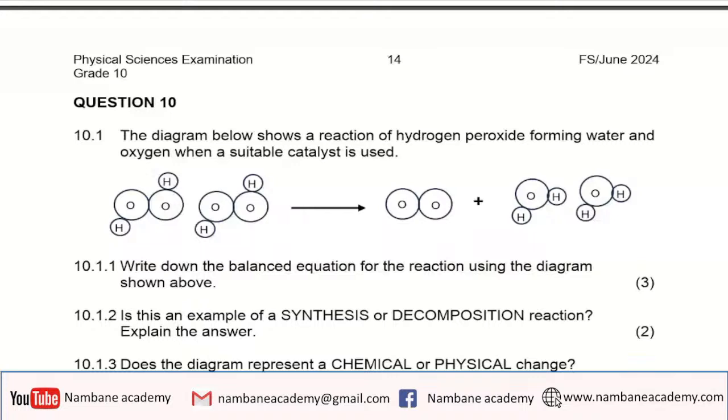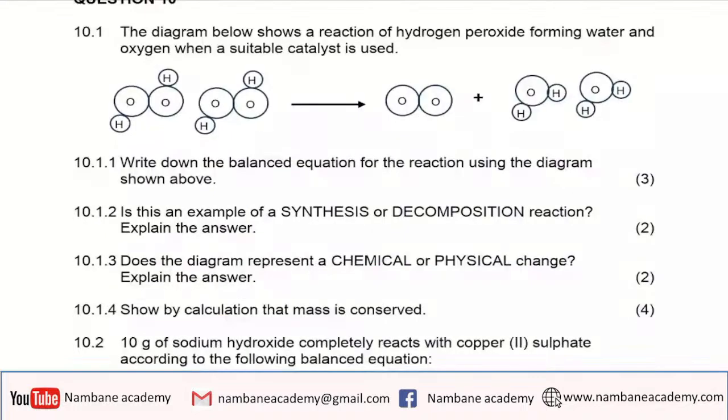Key to this is that it is a balanced equation. In the memo, we look for 1 mark for the reactant, 1 mark for the product, and the other mark is for balancing. That is how we mark it.